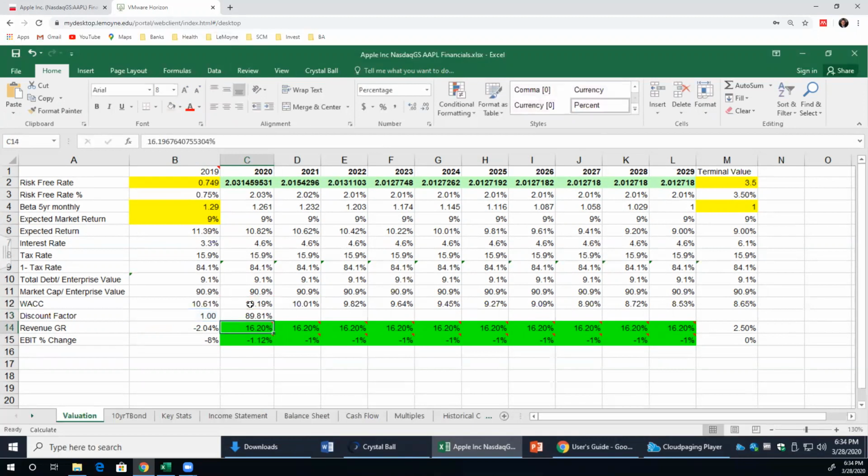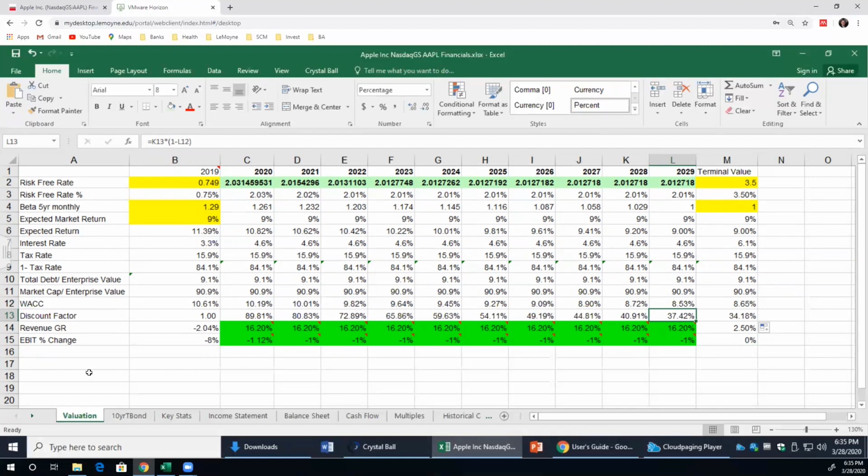That will give you a discount factor for a given year. If I just drag it all the way to year 10 and press F9 to refresh your calculations, the dollar that you receive in 2029 is worth only $37.42 at the end of year 2019.